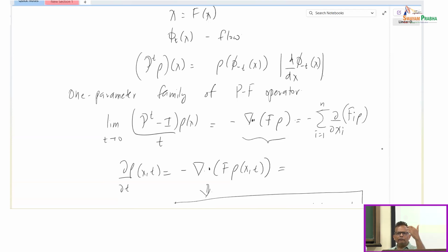So it will be a Dirac delta function at the origin. So the information about the steady state properties of a dynamical system can be recovered from the eigenfunction with eigenvalue 1 of the Perron-Frobenius operator.